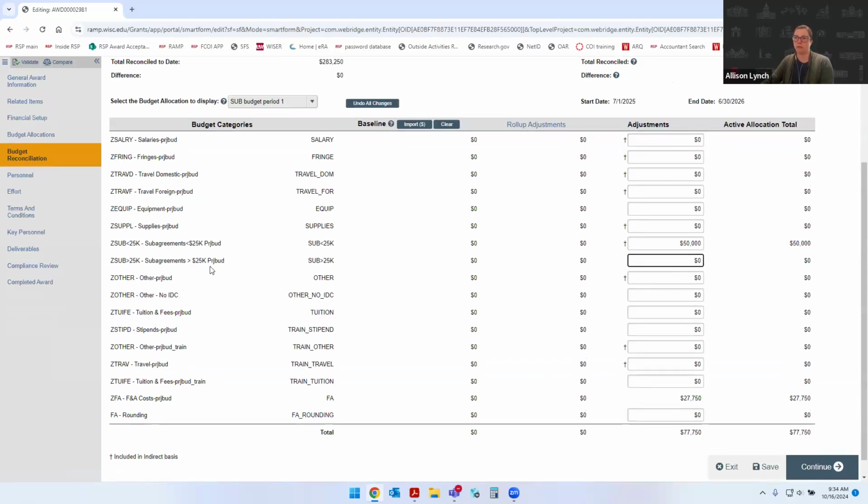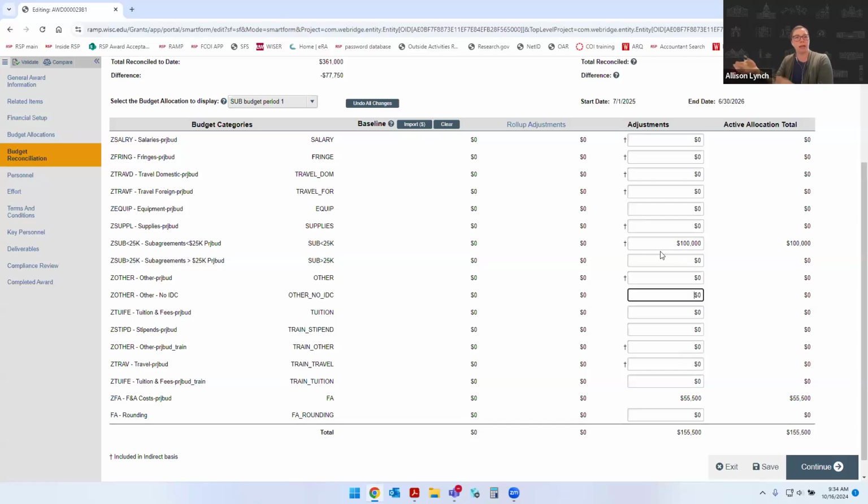It's still the way that Ramp is set up. It says $25,000 here, but this box in Ramp will calculate 55.5% on whatever is in here. So we have $50,000 here, $27,750. If we put $100,000 in here, it'll still calculate 55% off of whatever.